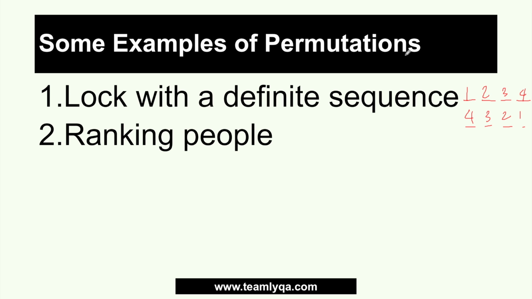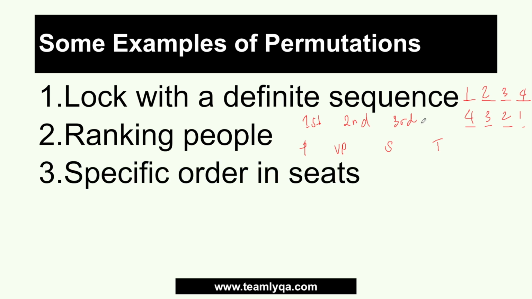Another example is ranking people. So again, if we're talking about meron kang first place, second place, or third place, or kunyari, again, may election, meron kang president, vice president, secretary, or treasurer, these things, you're basically putting people sa isang rank or order. Kung may specific silang upuan or specific na posisyon na kailangan i-play, then you will use permutations. Okay?